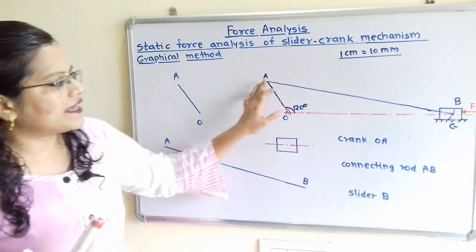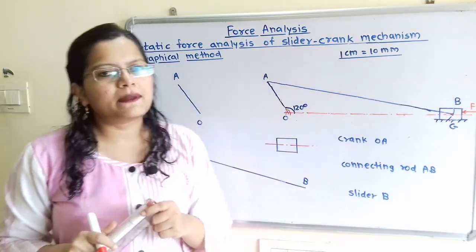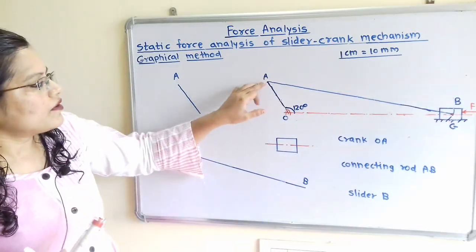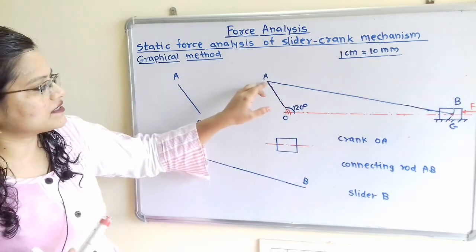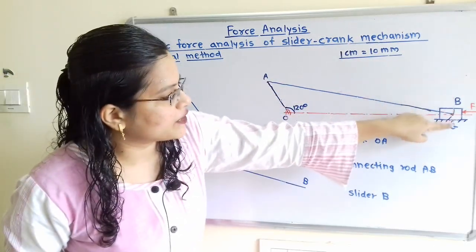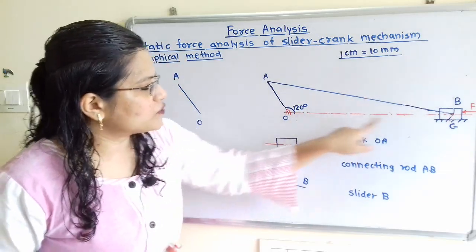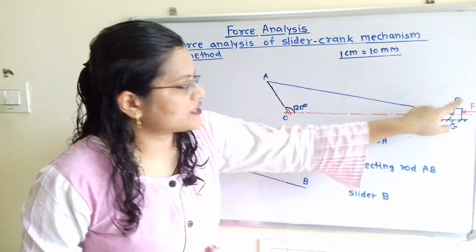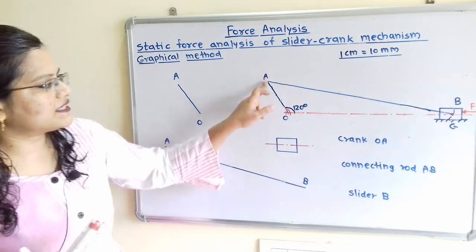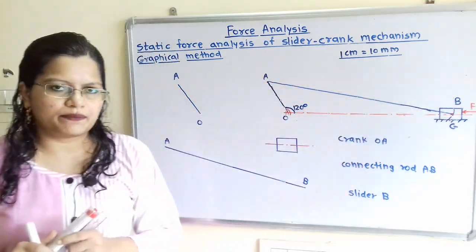Then the length of connecting rod, 450 millimeter, is given. So with this scale we have to take 45 centimeter distance, and with the help of a compass mark one arc here, and the point of intersection of this horizontal line and this arc will be point B, and this is the length of the connecting rod AB.